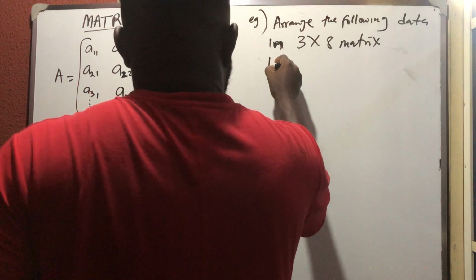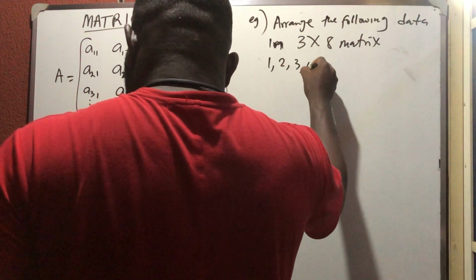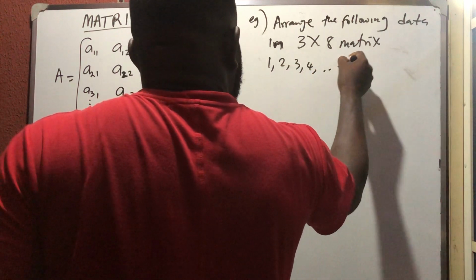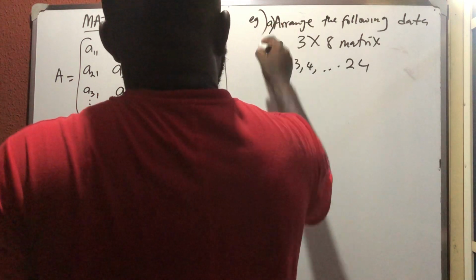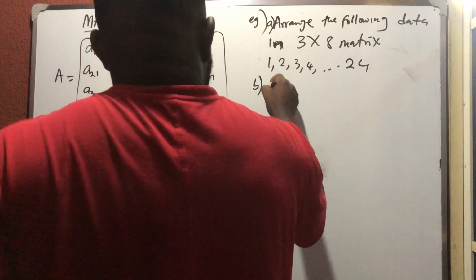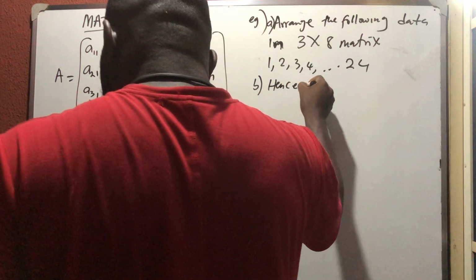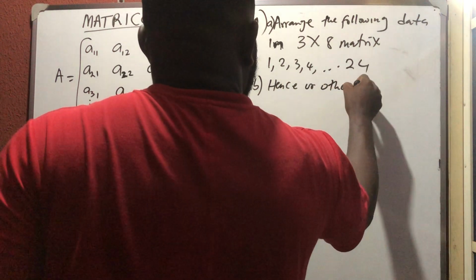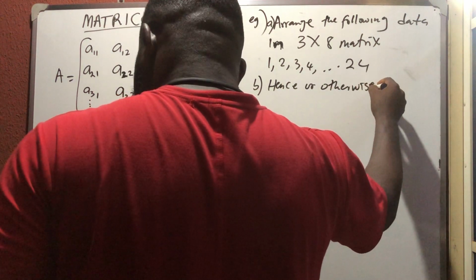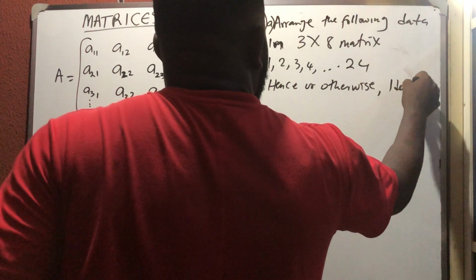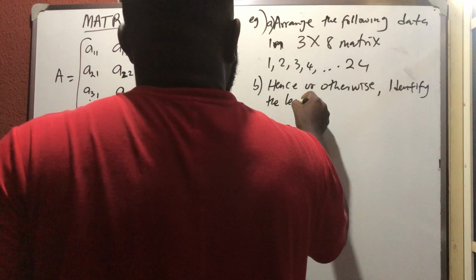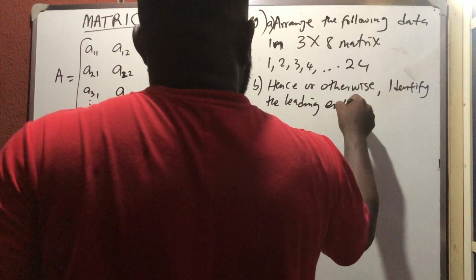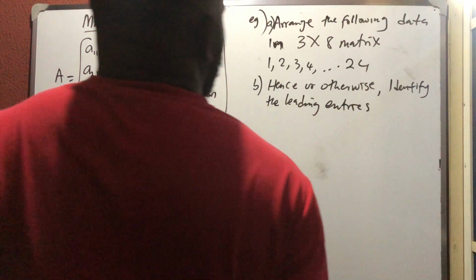We now have 1, 2, 3, 4, up to 24. That is question A. Then question B: hence or otherwise, identify the leading entries.